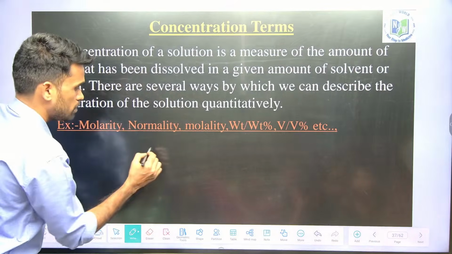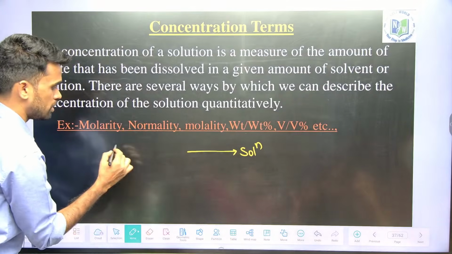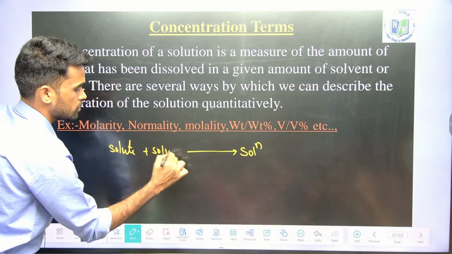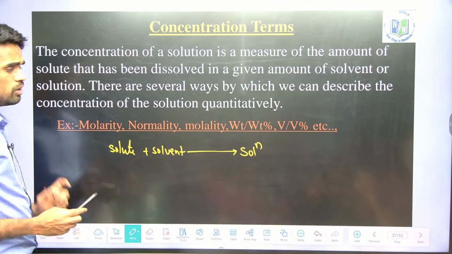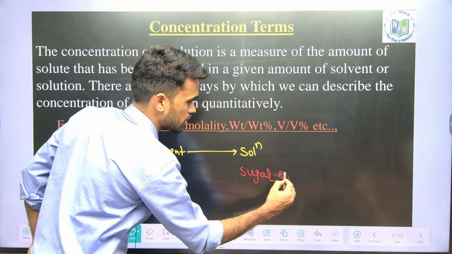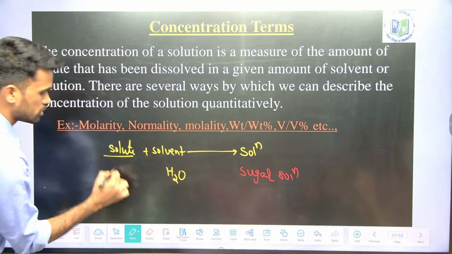See, what do we mean by solution? Generally it is solute plus solvent. Let us say I am saying sugar solution, for basic understanding. To the water, what am I adding? Sugar.